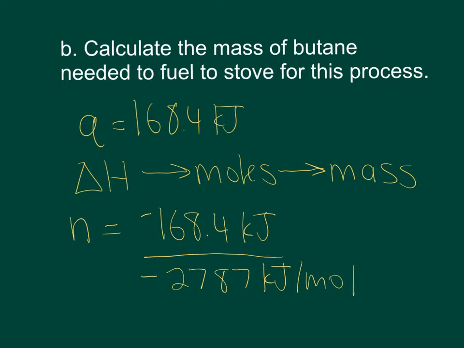It is important to note that the heat we calculated in part A is positive because it's being absorbed by the water. The heat we're plugging in here is negative because it is being released by the butane. Doing this calculation, we find that n is equal to 0.0585 moles.